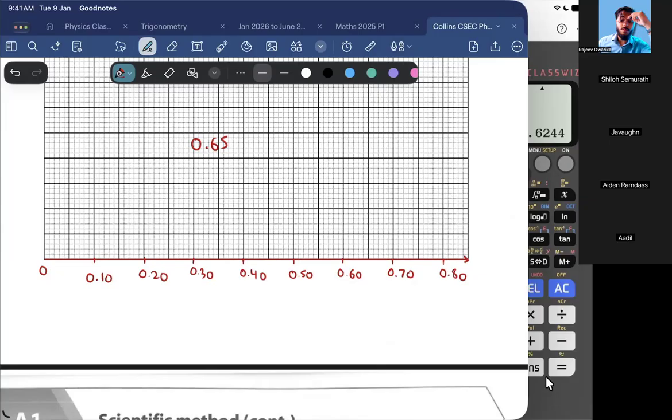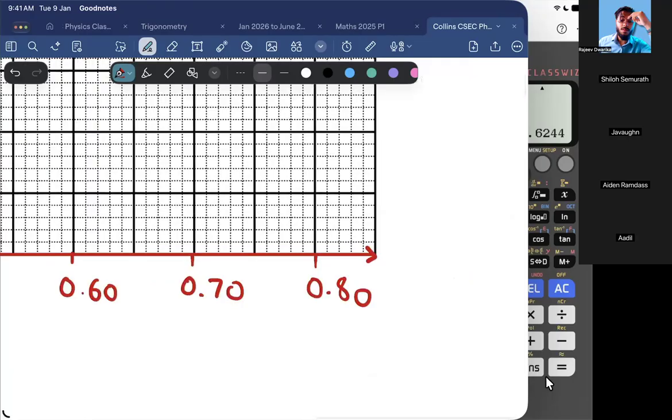Find out how much one small block is. That's not wrong, but what we should probably do is label the axes. They always want to see that. That's part of your marks. I do have to label the axes.